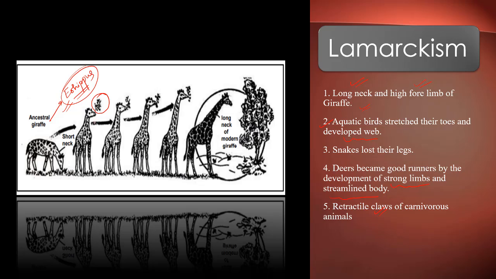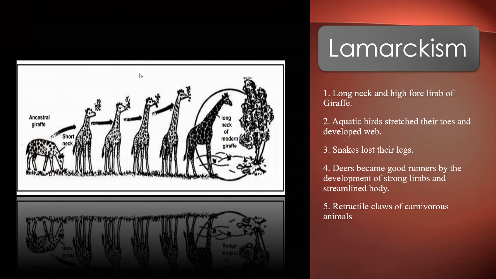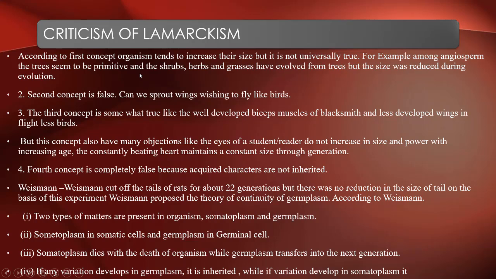And that is why the vital force of the giraffe pushes the cells to divide and the length of the neck increases. In this way, we get the long neck of the modern giraffe. This is somewhat believable, but it is not completely true, because without DNA, the changes cannot be permanent.